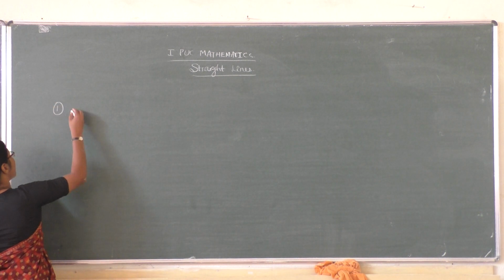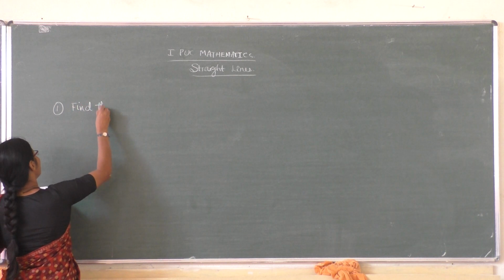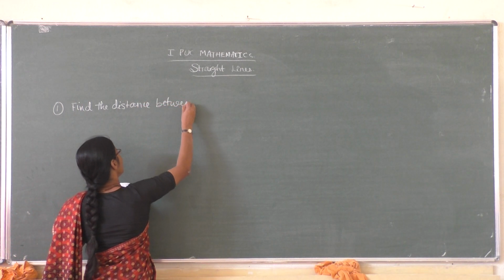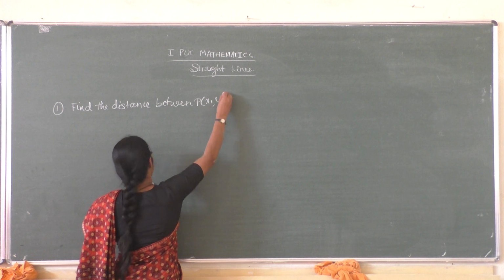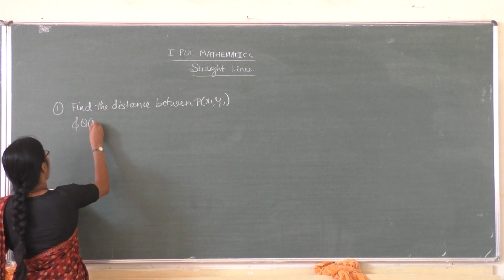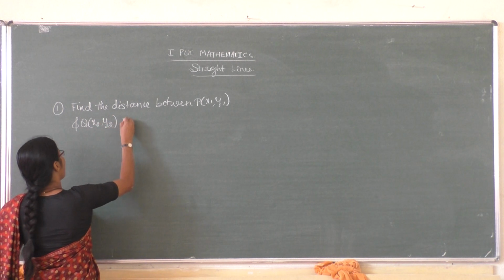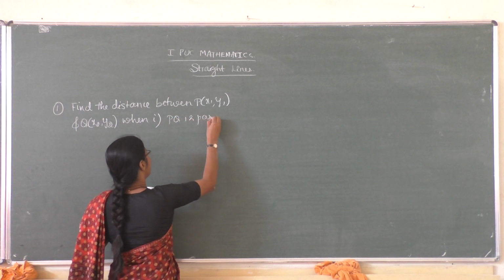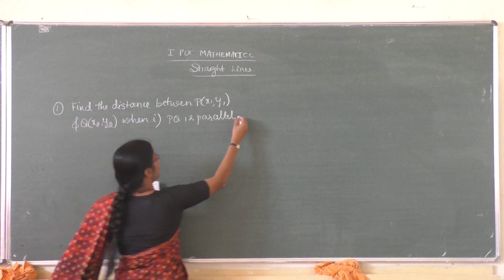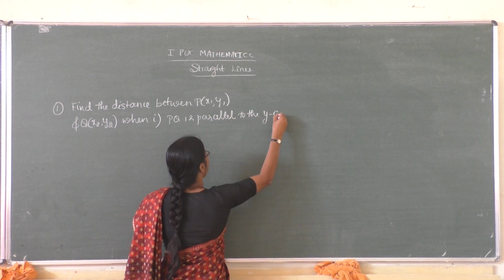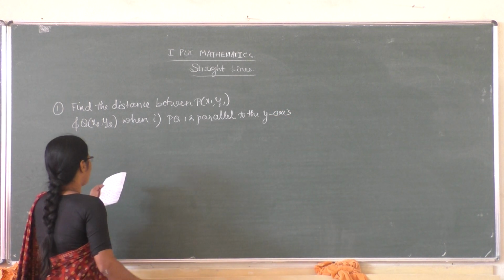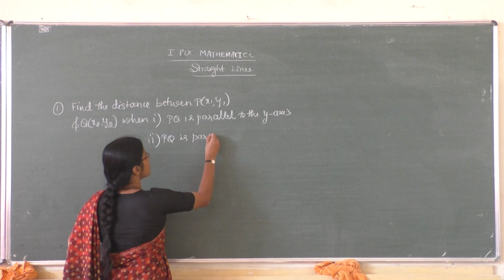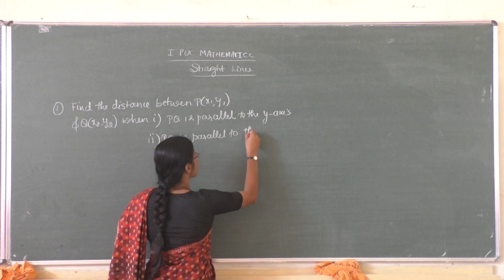Find the distance between P of x1 comma y1 and Q of x2 comma y2 when first, PQ is parallel to the y-axis, and second, PQ is parallel to the x-axis.